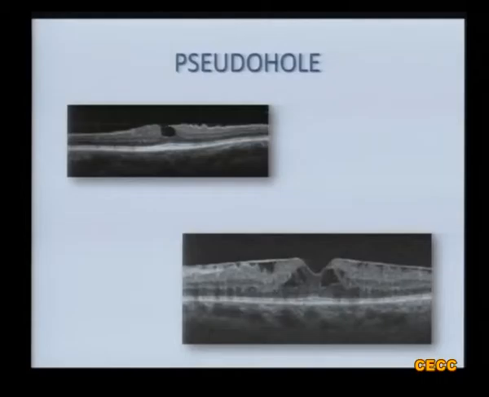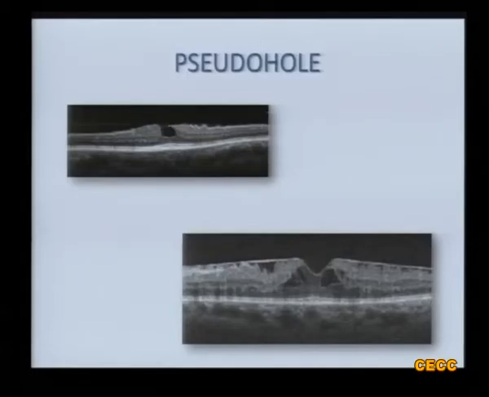A pseudohole is where you have an epiretinal membrane with a defect at the center. It looks like a macular hole, and then on OCT what you see is that there is a thick epiretinal membrane on the surface of the retina, and this epiretinal membrane is pulling the retina towards the center, so you can have heaped up or invaginated edges of the fovea, and this is another situation where you don't have to do any surgery.